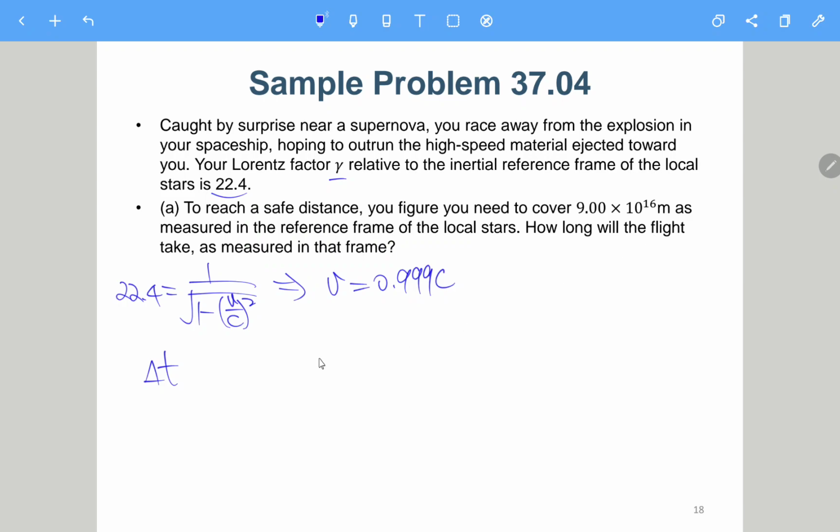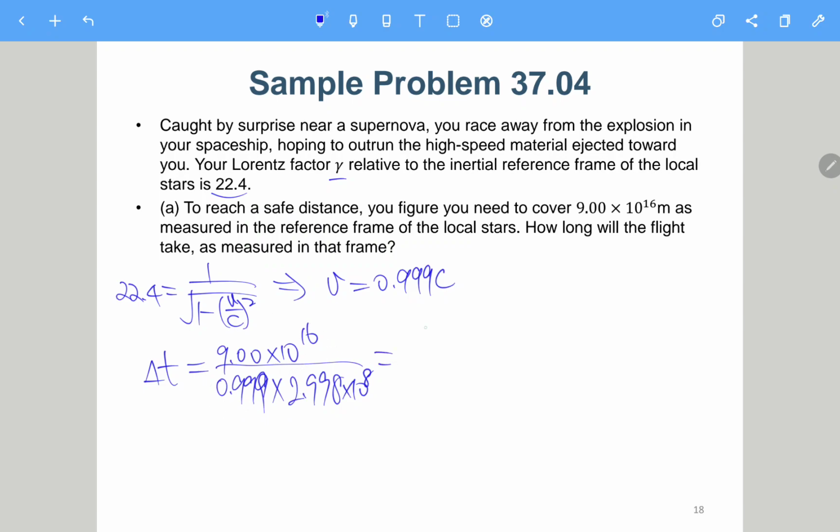So it will be 9.00 times 10 to the 16 power, divided by 0.999 times 2.998 times 10 to the 8th power. So this is the speed of light, and this is the length.